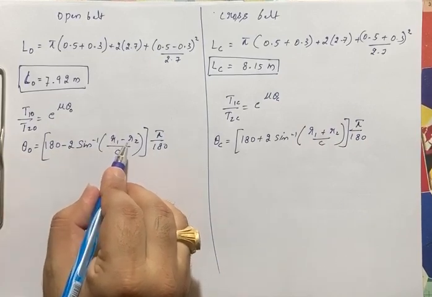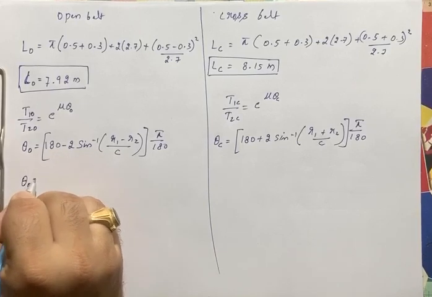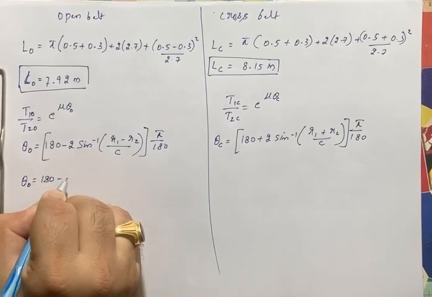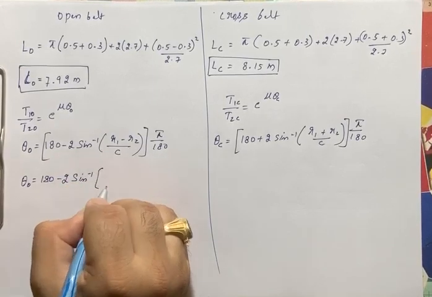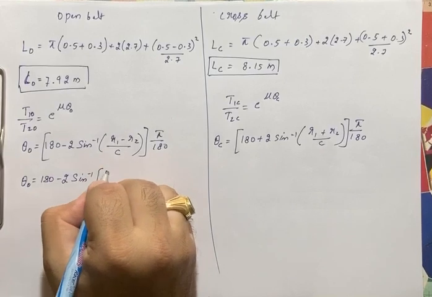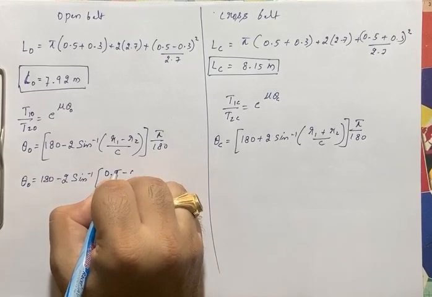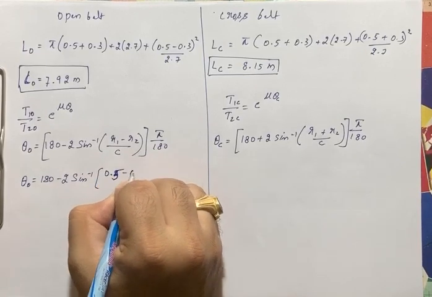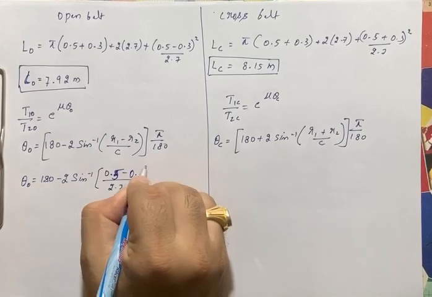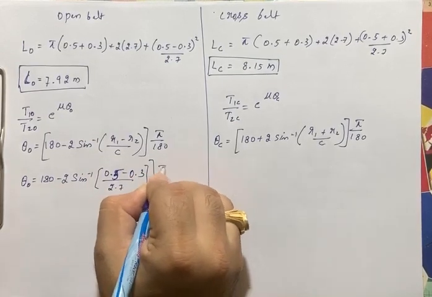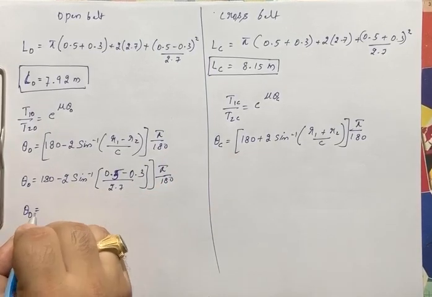We know R1, we know R2, we know C. So I can directly substitute theta O is equal to 180 minus 2 sine inverse of R1 here is 0.5, R2 here is 0.3, divided by 2.7 into pi by 180.